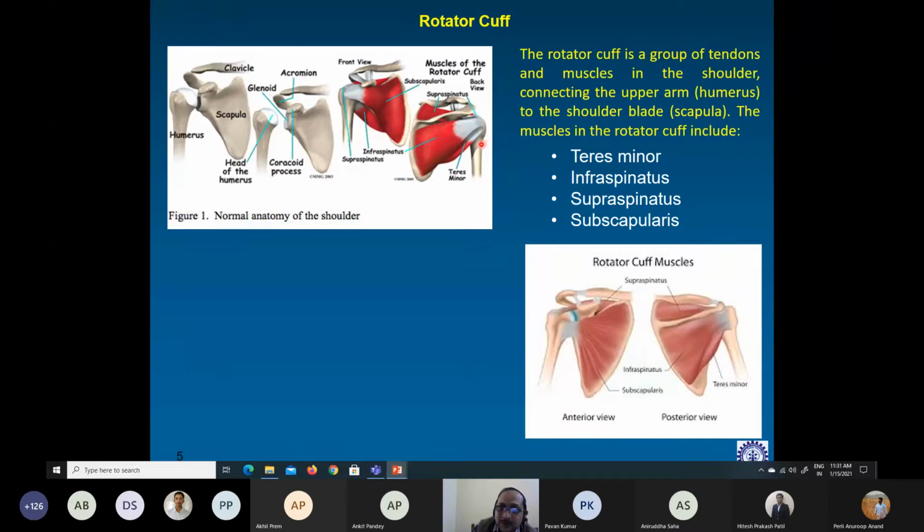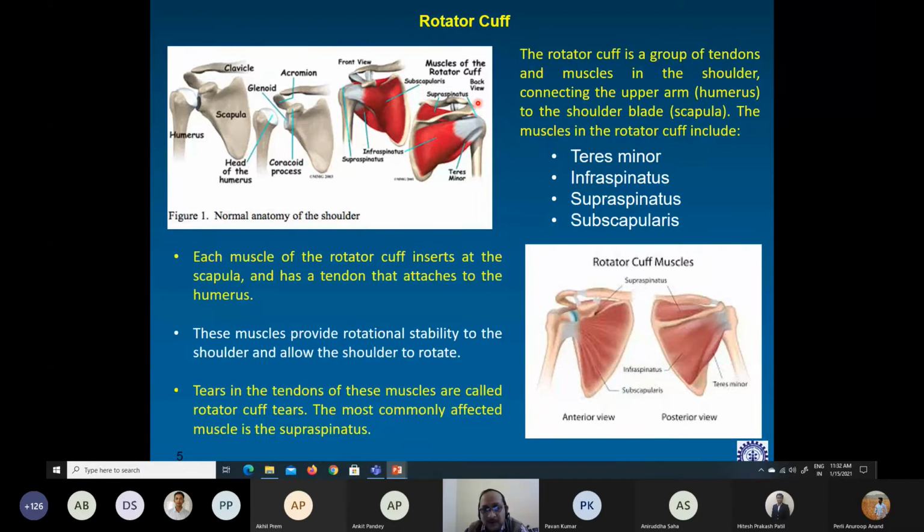I have already shown you earlier, you have the supraspinatus and infraspinatus on the back side. These muscles are covering mostly the glenohumeral joint, providing stability to the joint as well as providing motion in the form of rotation. That's the reason it is called the rotator cuff.